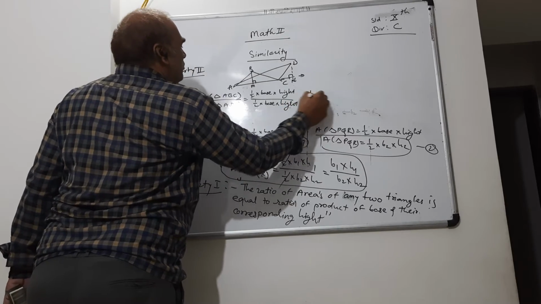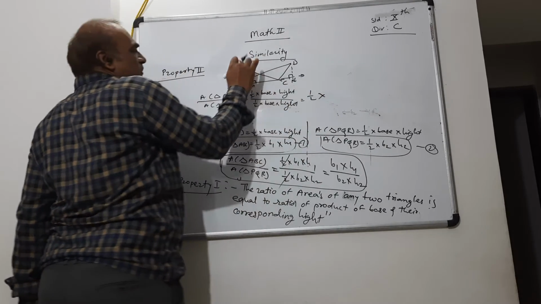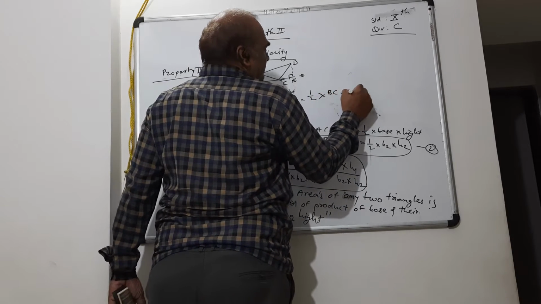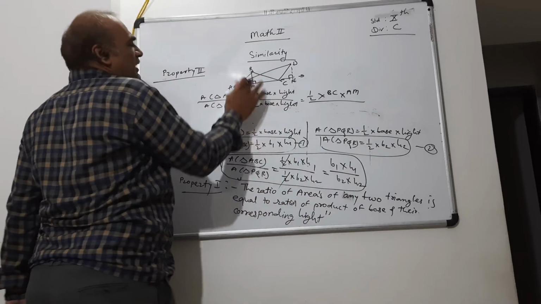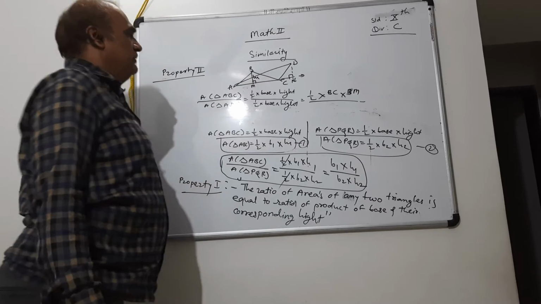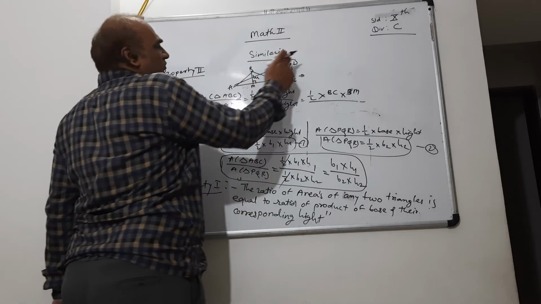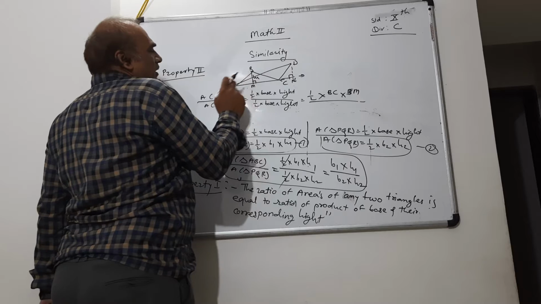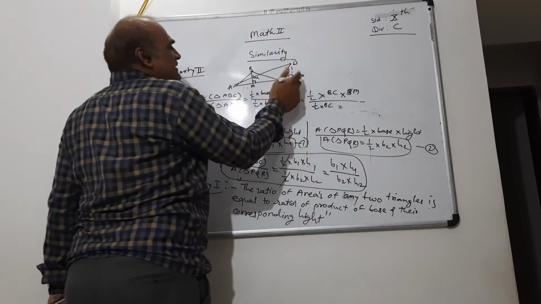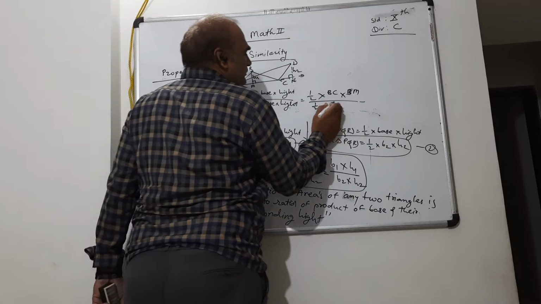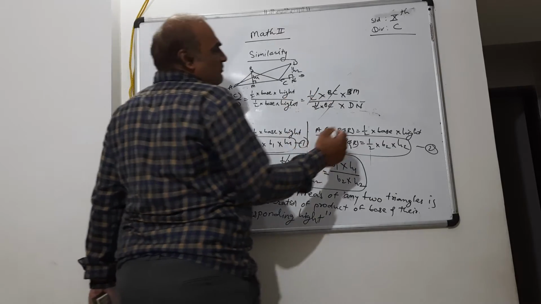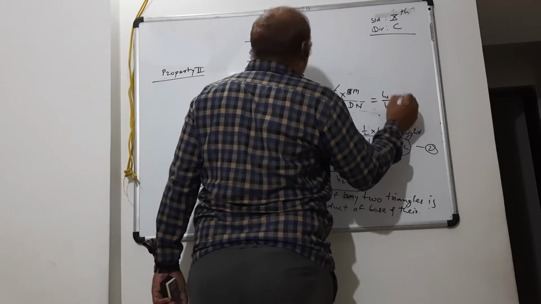The base of ABC is BC because the perpendicular is drawn on BC, and the height is BM. Suppose the height is H1. Now for area of triangle ADC, the base is again the same BC, and the height is DN, suppose H2.